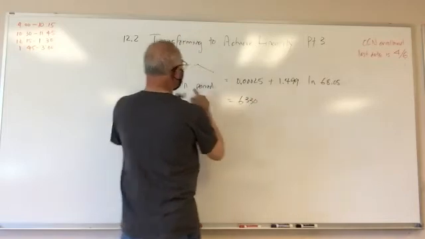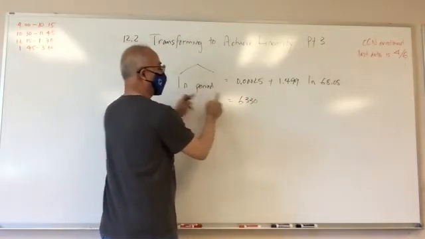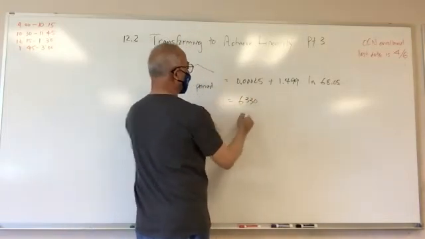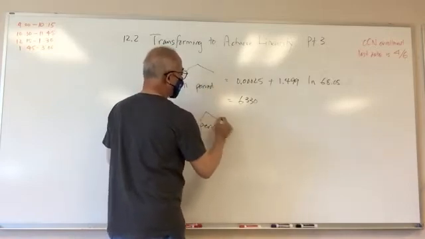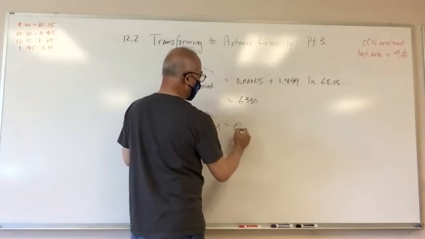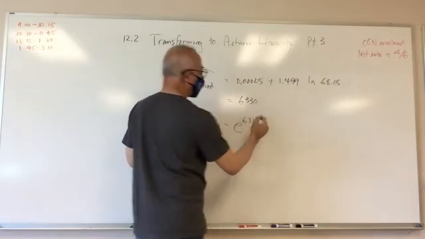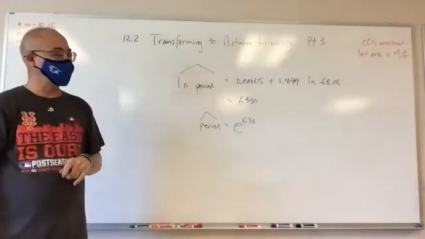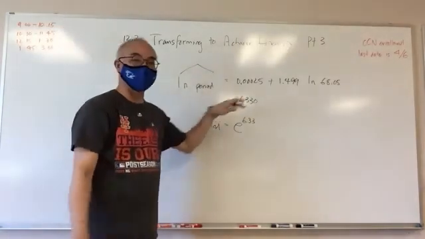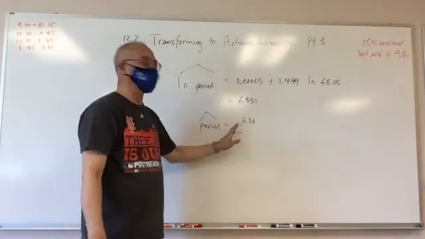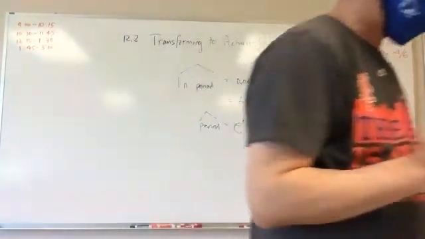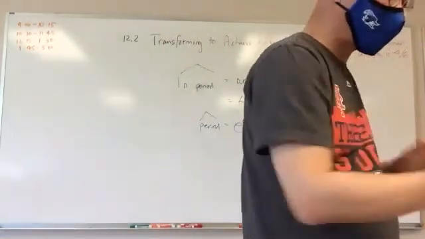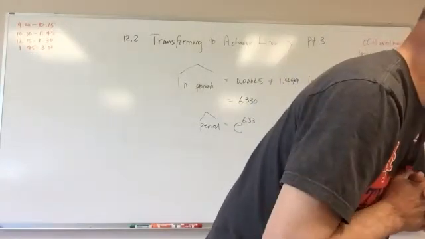So the natural log of your predicted period is 6.33, and the predicted period is going to be equal to e to the 6.33. If you had used the common log, you would put 10 here instead of e. Okay, everybody go ahead.